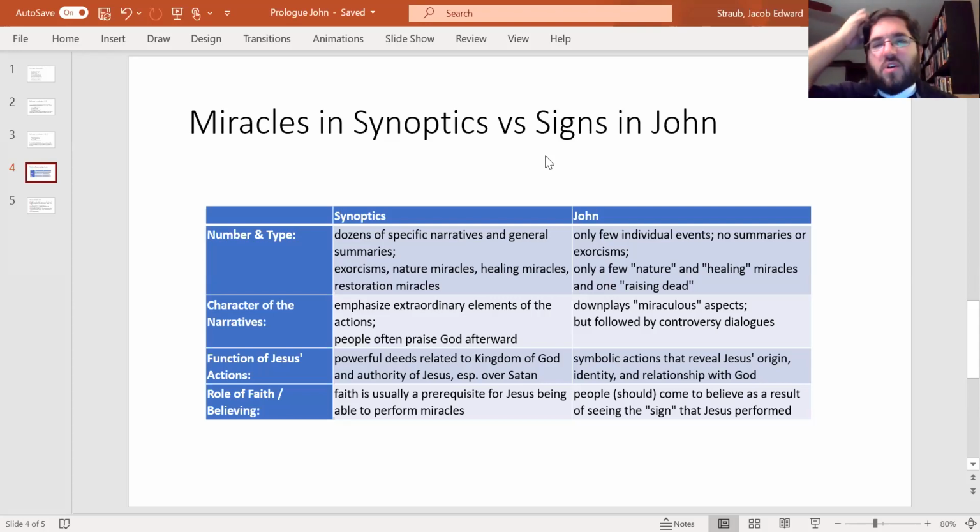John's focus is not on the miraculous, almost like, oh yeah, it happened, but whatever. But often each of these signs is followed by a dialogue of controversy. Some conflict occurs more often than not because of these miracles.